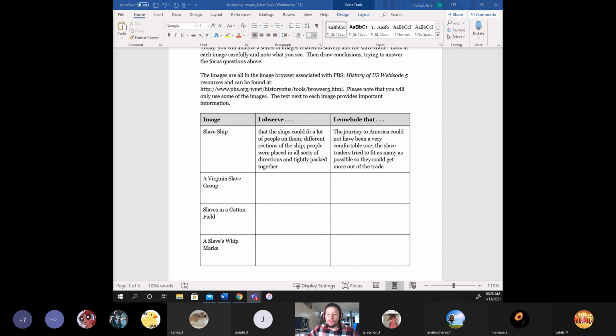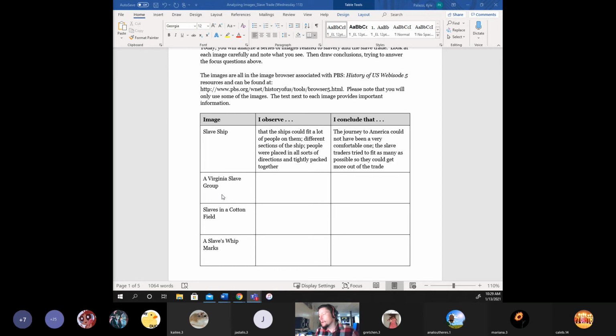So what questions do we have so far? What I would like for you all to do now is I'm going to post all 4 images at the same time, but you are going to complete the next 3 on your own. The remaining 3 pictures: one of a group of slaves from Virginia, a picture of slaves working in a cotton field, and a picture of a slave's whip marks.